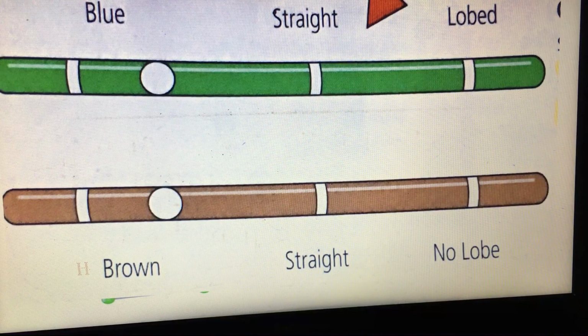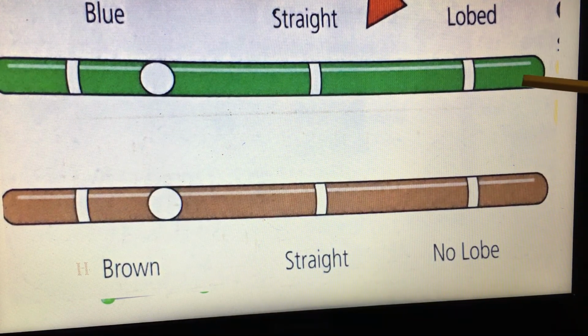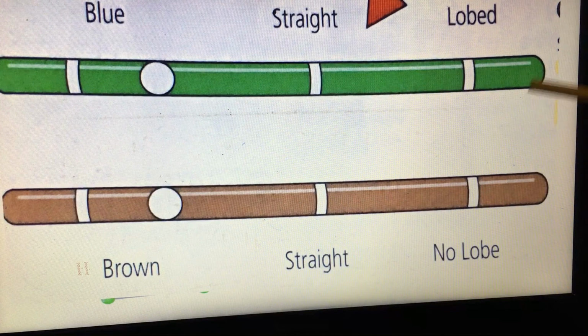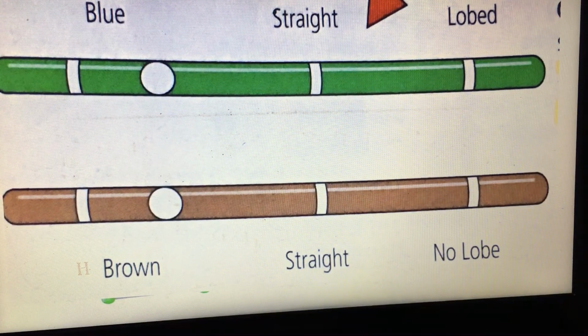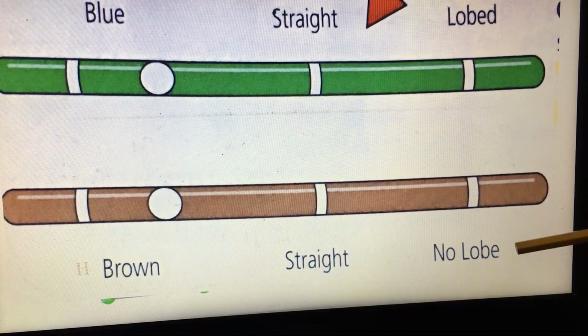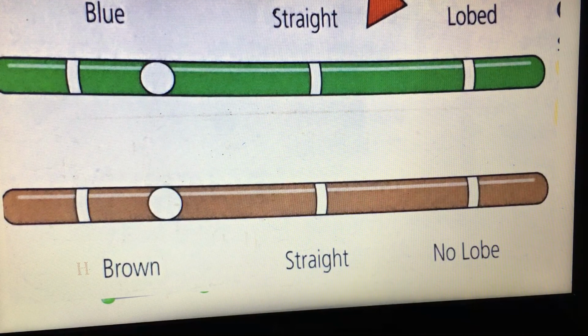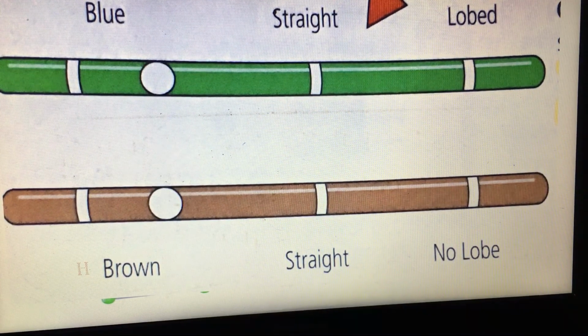And also the same for ear shape. The characteristic of ear shape in the first chromosome is looped, and in the second chromosome is no loop. So both alternative alleles, looped and no loop, are present in the two chromosomes.